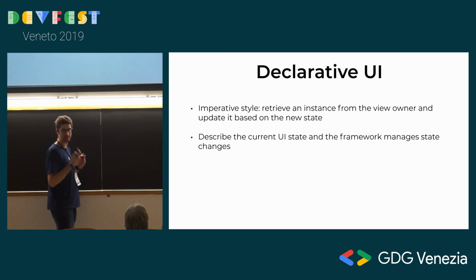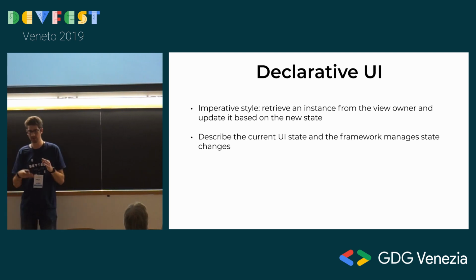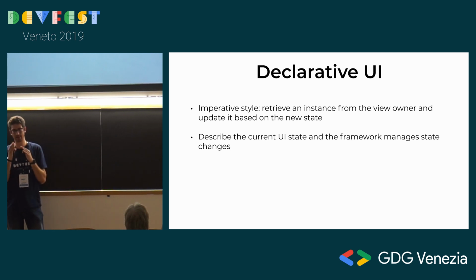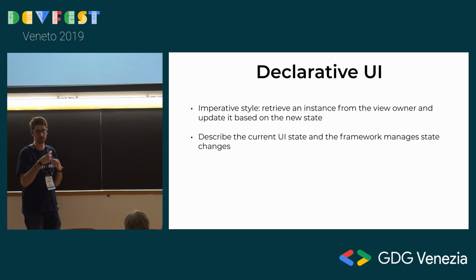With the declarative UI, instead, you declare the state of the application. So, for example, the loading state: how your UI should look when it's loading, when there is an error, when there is the normal state, and then the framework manages all the changes.